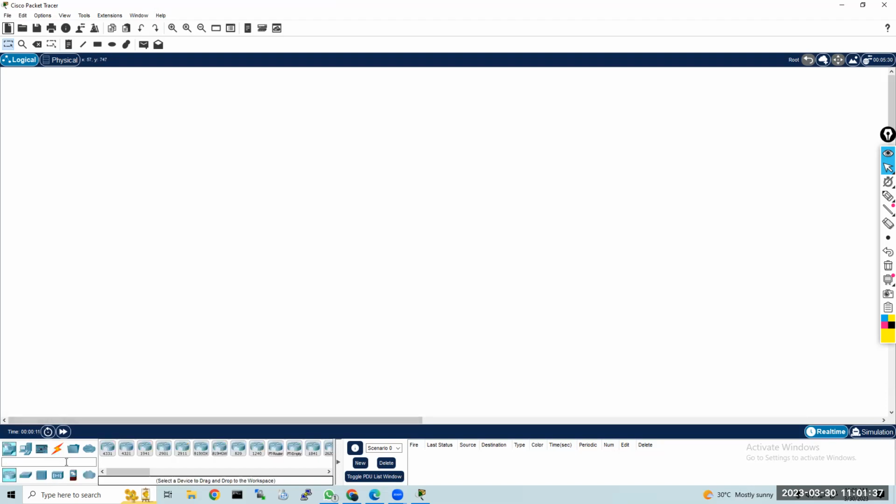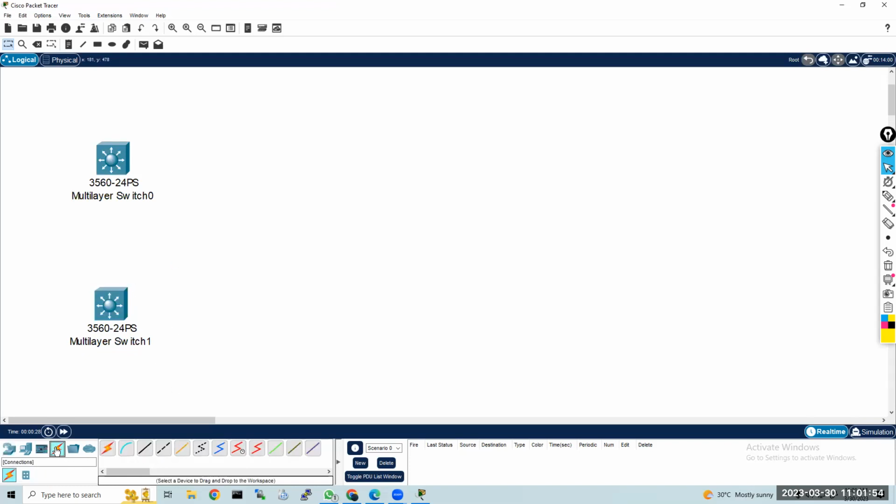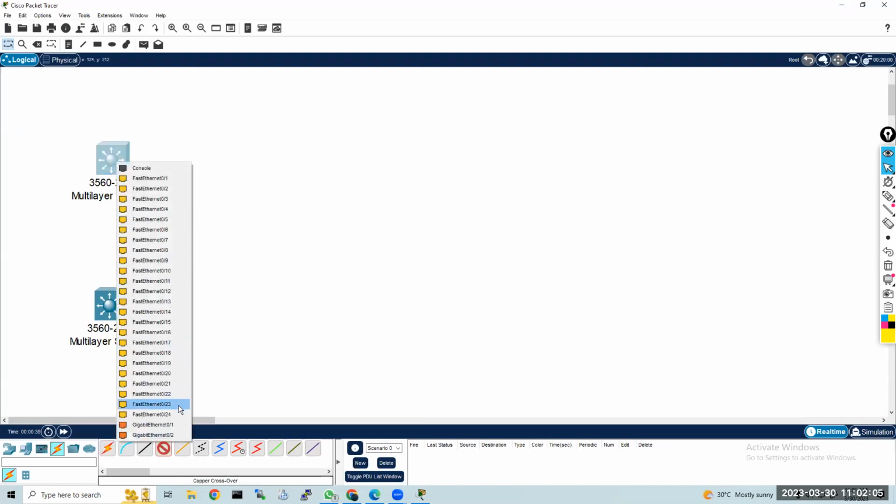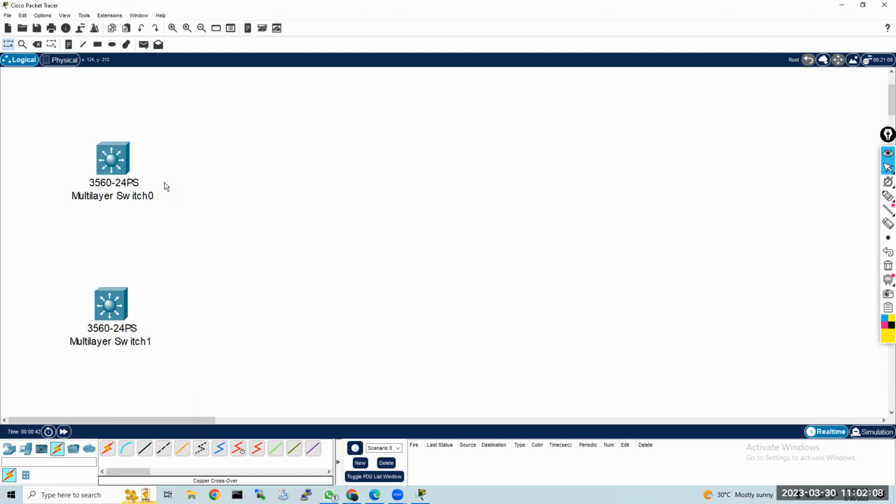So let's take another lab now. This time I'm going to use 2 switches. That is your layer 3. Okay, let's connect the hardware itself.